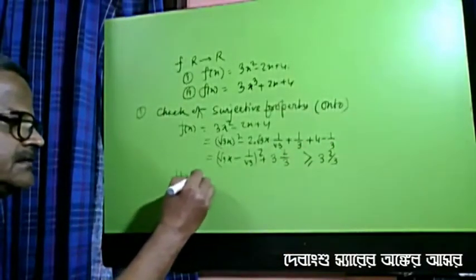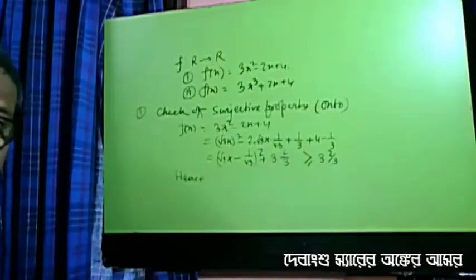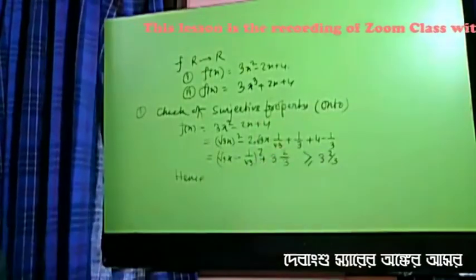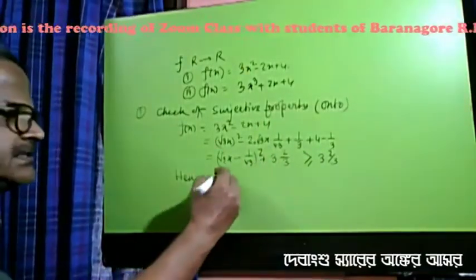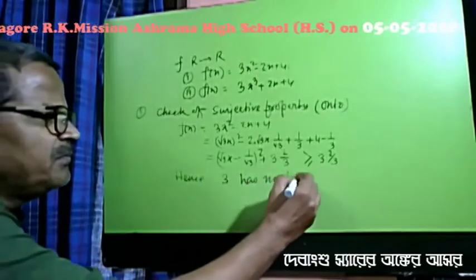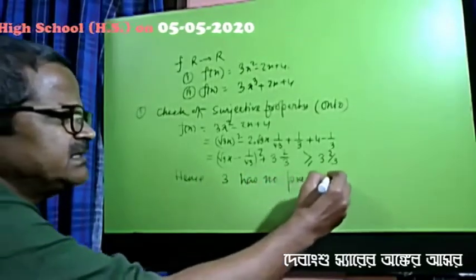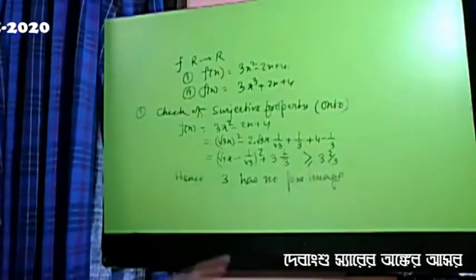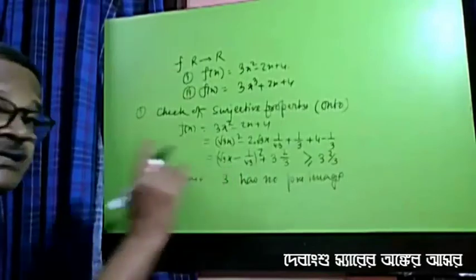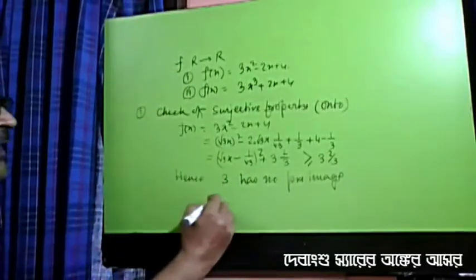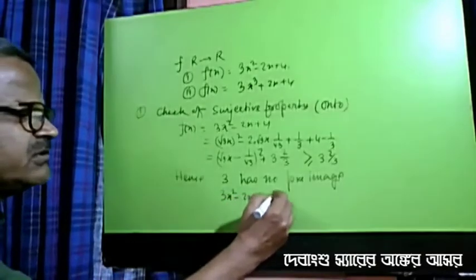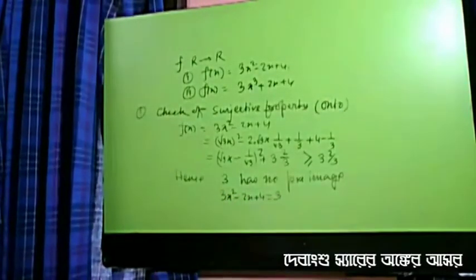Hence, if we consider any real number less than 3 and 2 by 3, that is, take 3, 3 has no pre-image. I considered a number which is less than 3 and 2 by 3. Why no pre-image? If there is any pre-image, then 3x square minus 2x plus 4 equal to 3 must have a real solution.